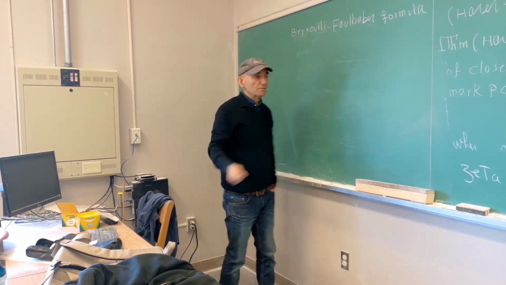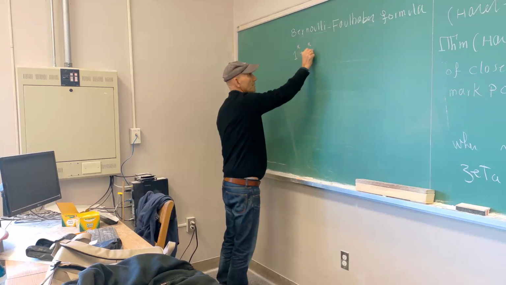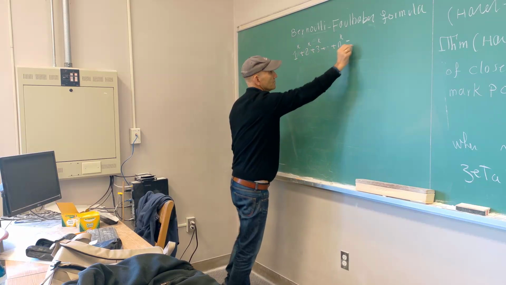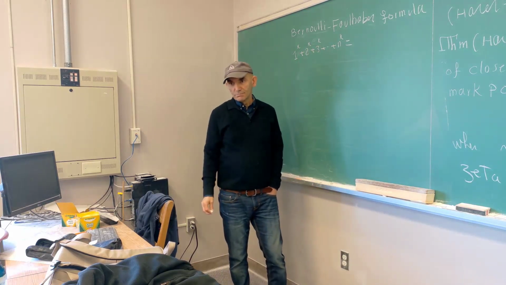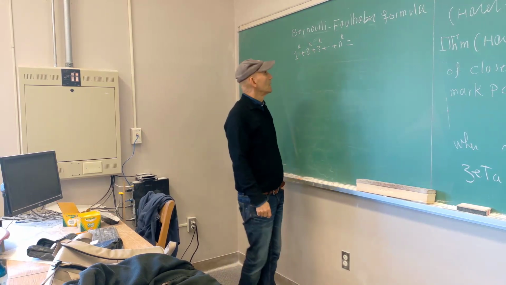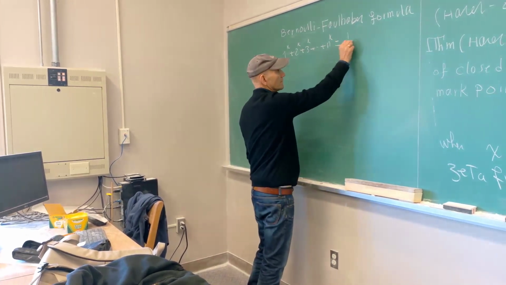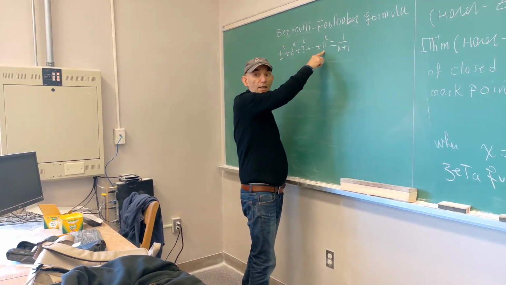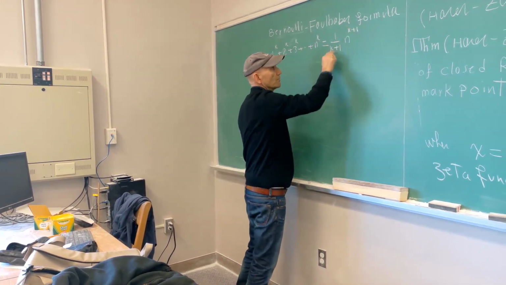The problem is: give me a formula for 1 to the k plus 2 to the k plus 3 to the k, up to n to the k. A closed formula for this. So power sums, basically. We can show that this is a polynomial in n of degree k plus 1, and it always starts with n to the k plus 1 with this coefficient.